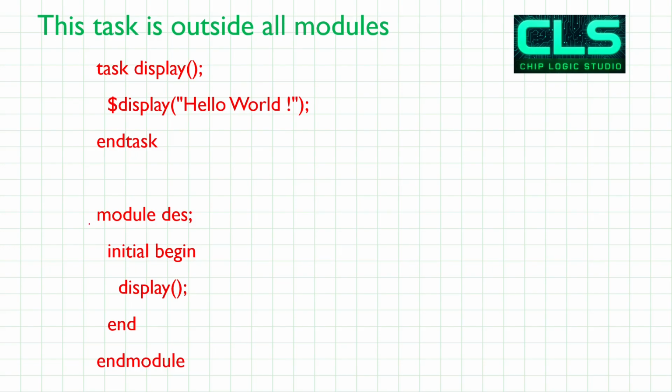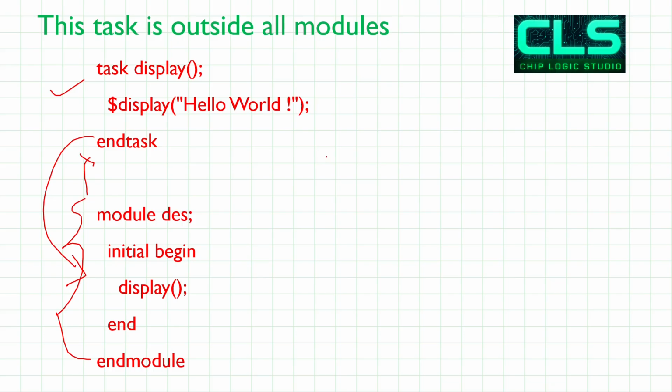Okay, now here I have mentioned that you can use a task outside your module. So you have created a module, and this is called a global task because it can be used with any design. You can just call this function, and mostly we use tasks and functions similar to this. Methods are created outside the module, and you can use these methods inside the module.